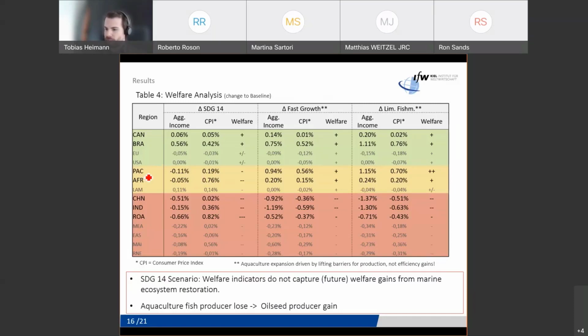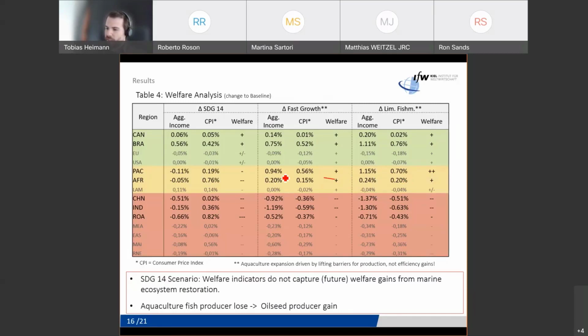So here the shock from capture fishes plays a stronger role, but when we look at the aquaculture expansion scenarios, here the increase of fodder production leads to welfare gains.